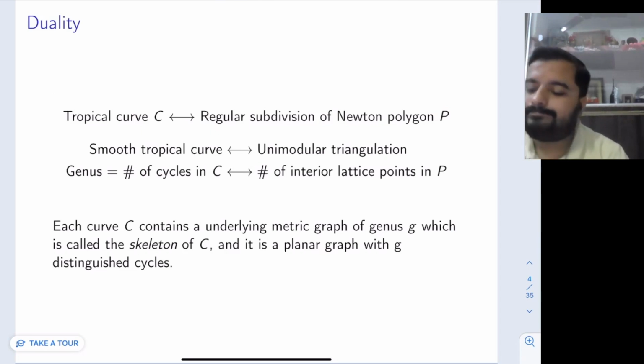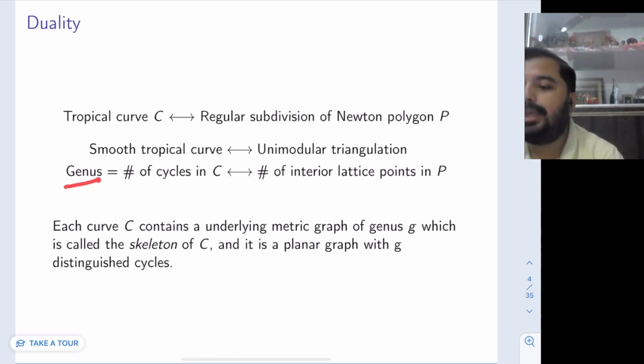One of the invariants that is of importance here is the genus, which corresponds to the number of cycles present in your tropical curve, and that corresponds to the number of interior lattice points present in the lattice polygon.